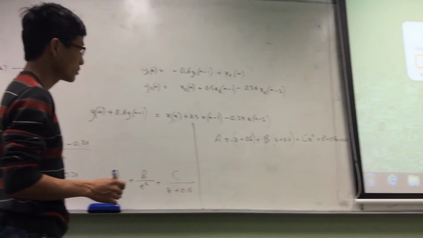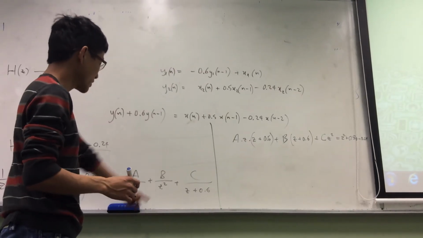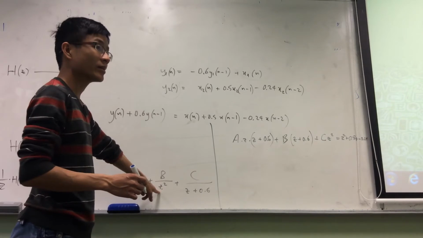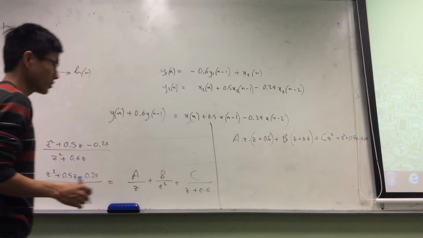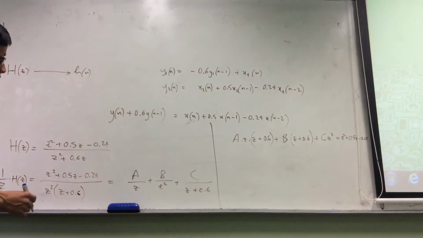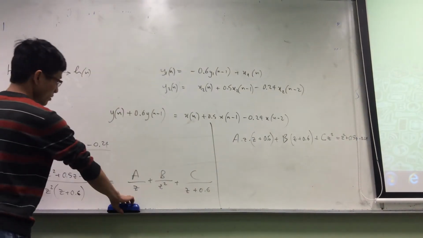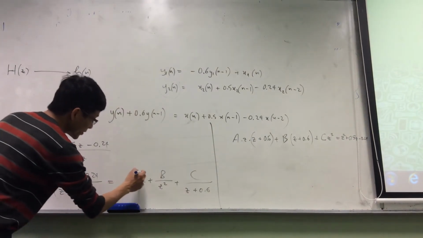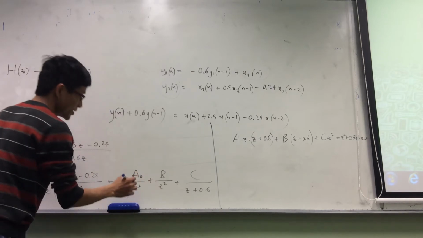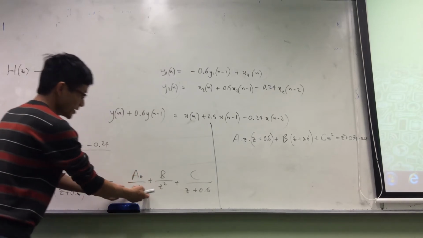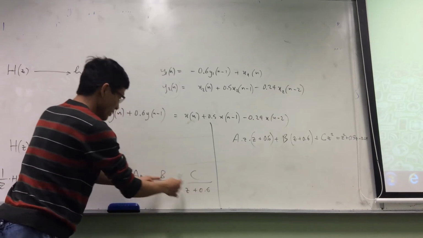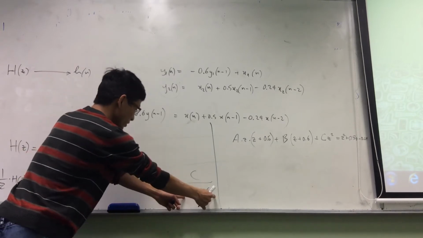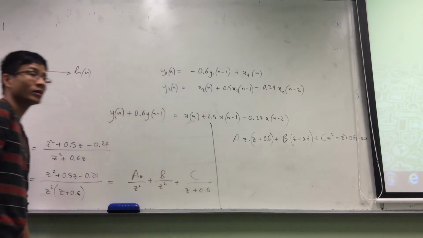We multiply this by z and this one becomes z squared. So this one will be A z, z plus 0.6, B with this one, and C with this one.